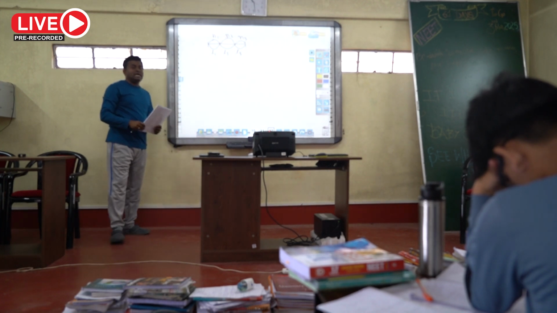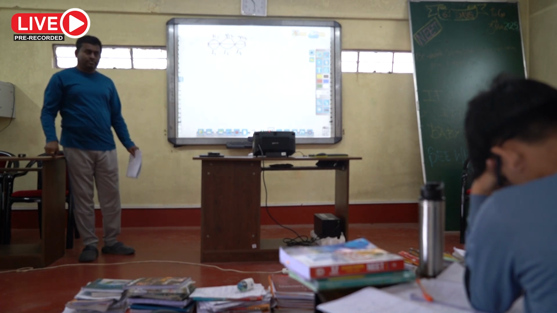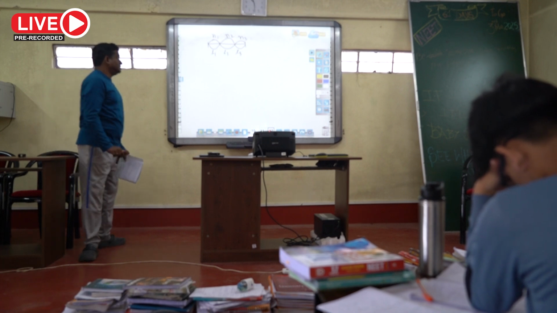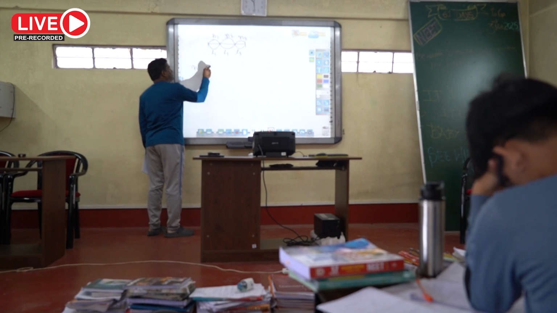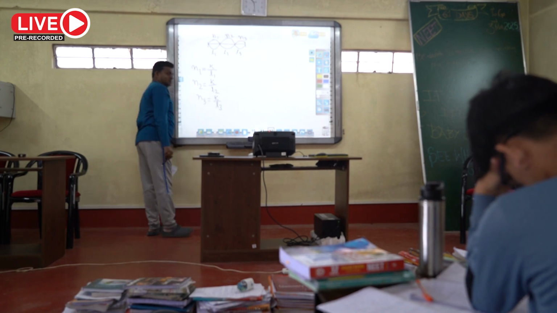We know that N equal to 1 by 2L root T by mu, means N is proportional to 1 by L. So from this we can write N1 equal to some constant K by L1, N2 equal to K by L2, N3 equal to K by L3.